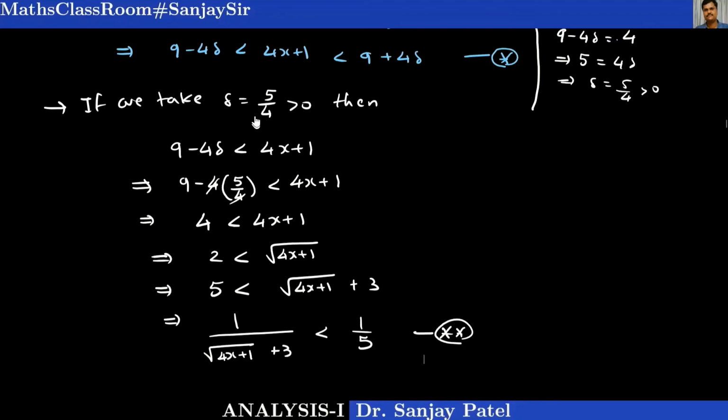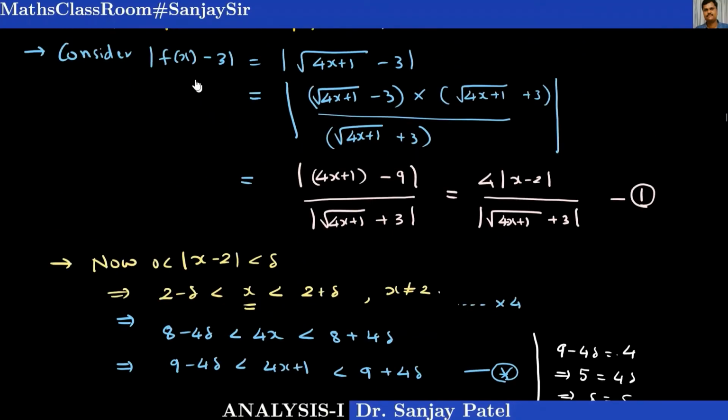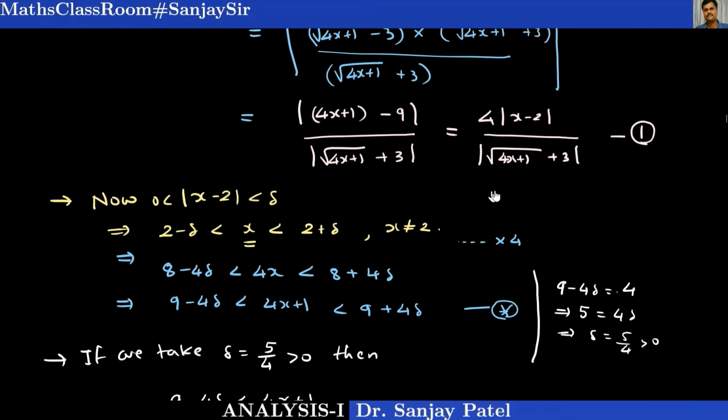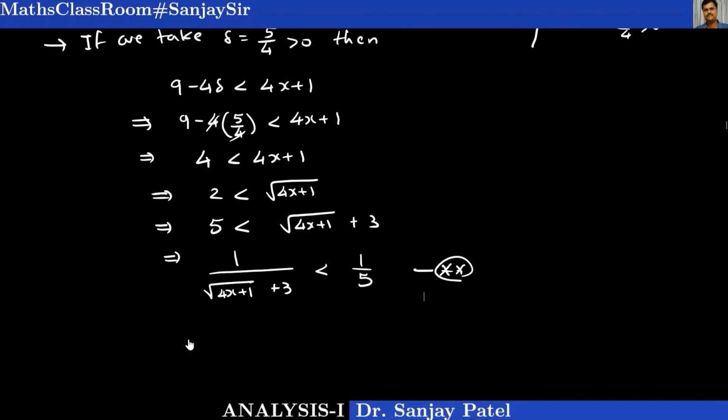So what we have done so far, let us see and go back. I have started with f(x) minus 3 here, and proved that it is equal to 4 times this thing. Then I concentrated on this denominator, and proved that if I choose delta equal to 5 by 4, then this 1 upon square root of 4x plus 1 plus 3 can be made less than 1 upon 5.